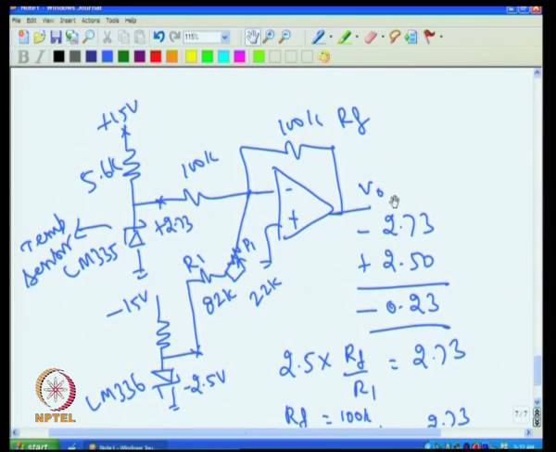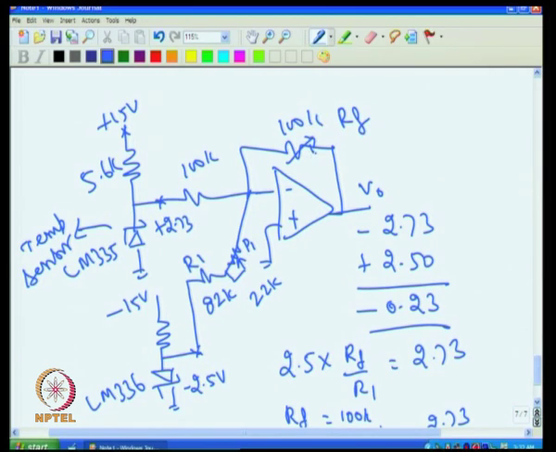So, if this is going less or more, then I should be able to adjust. Some of the sensors may go even more than 3.73, may go to 3.74 at 100 degree C. So, I should be able to adjust when the voltage is less or more. That I can do by varying the gain here, because if it is not 3.73, only 3.72, all that I need to do is go more than 100k, because if both are 100k, gain is 1.